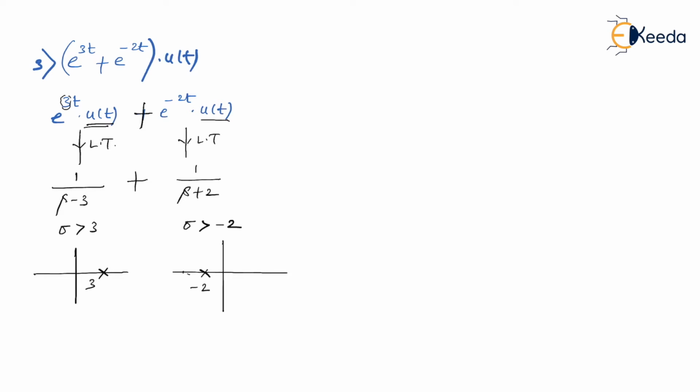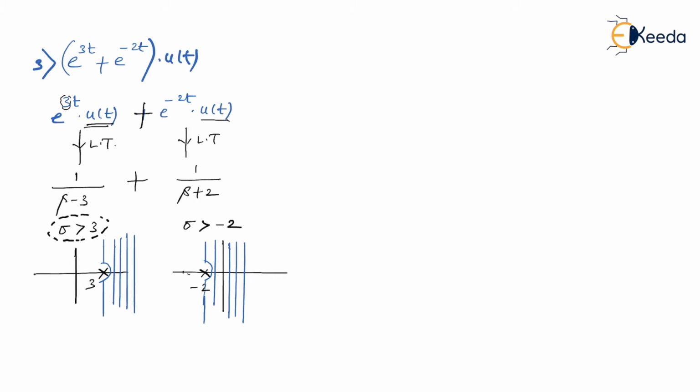Am I right? Now let us have their individual ROC. In the first case, sigma is greater than 3, so we have to cover the whole right-hand side part with respect to the pole present at positive 3. So we'll cover all this area for sigma greater than 3. For sigma greater than minus 2, I must show the ROC like this.